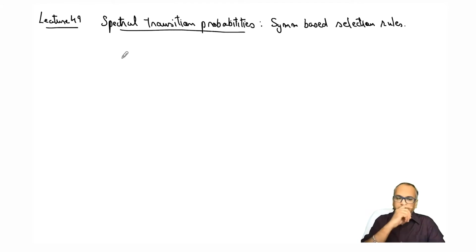So we have already seen that various normal modes of a molecule can be catalogued using group theory, right? And we can also analyze what will be the symmetry of those normal modes. But now whether we can observe those vibrations in IR and Raman spectra, because IR and Raman spectra are the ones where we are expected to see such vibrational modes, right?